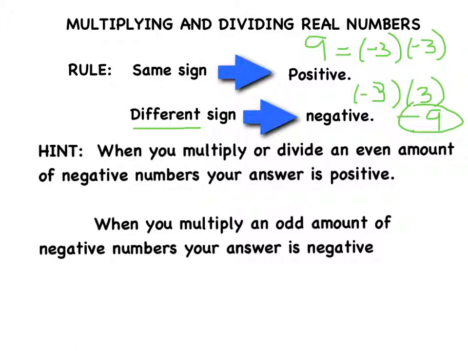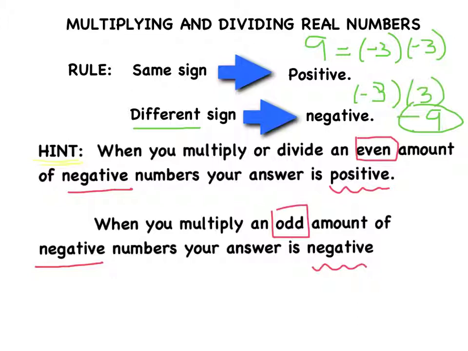Okay? Now, I will give you a hint. This is very important. When you multiply or divide an even amount of negative numbers, your answer will be positive. When you multiply an odd amount of negative numbers, your answer is negative.